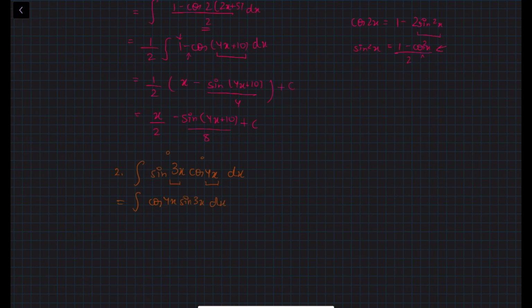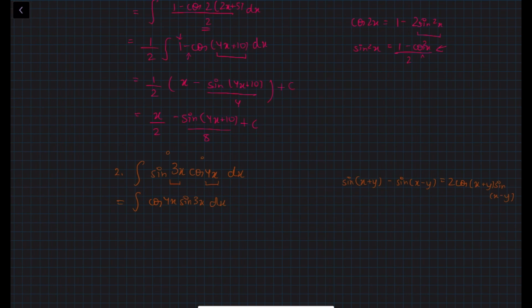And now we have to recall a trig formula we learned earlier, which is sine(x plus y) minus sine(x minus y) is 2 cosine(x plus y) times sine(x minus y).